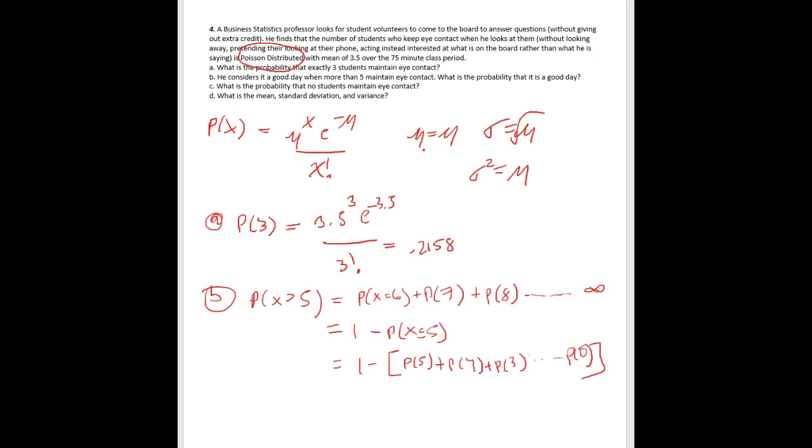Okay, you can do it whichever way you want, but I prefer to do the 1 minus version of it, just because then we have a finite set of values that we're adding up.